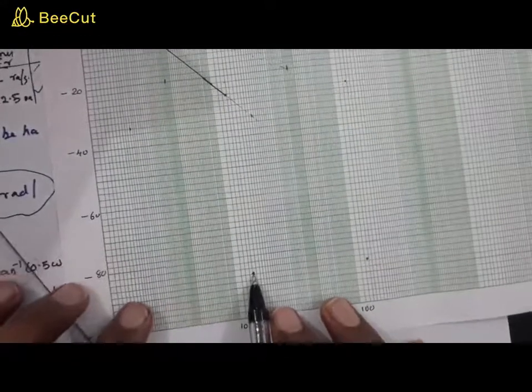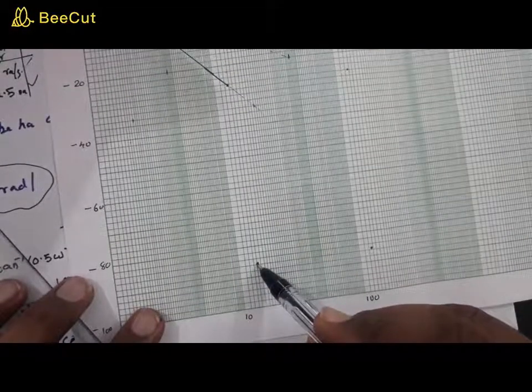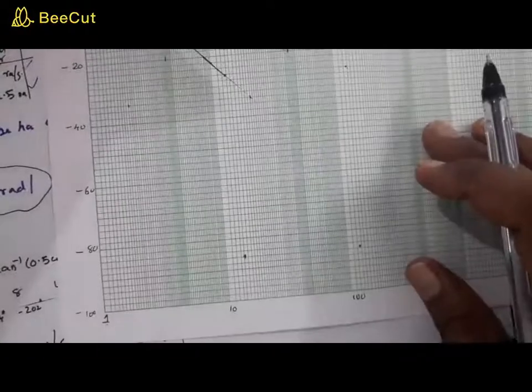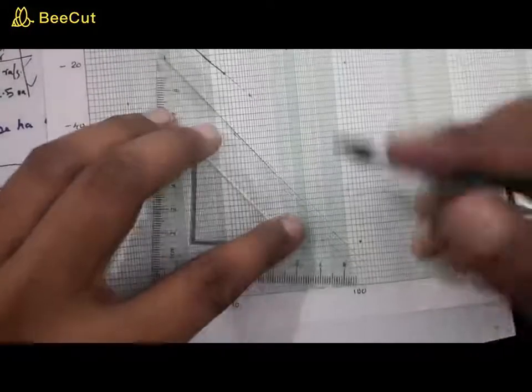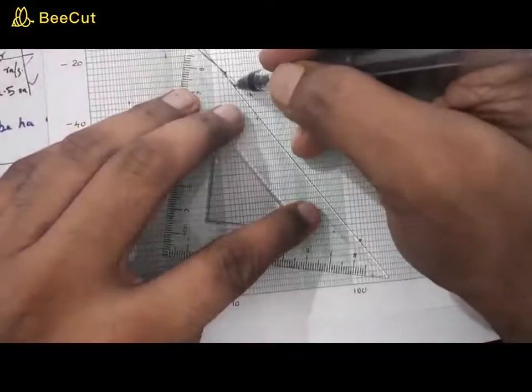Okay, so this is actually your 60 dB. From this point, minus 60 dB comes over here. Okay, so you may do that by yourself. So anyway, what you're going to get is, if you can straighten this point, what will be this?